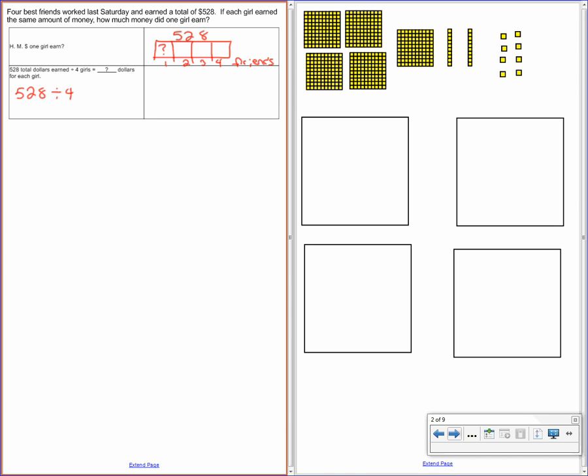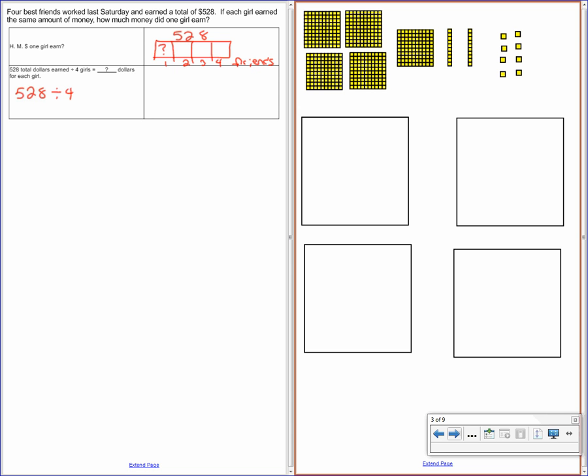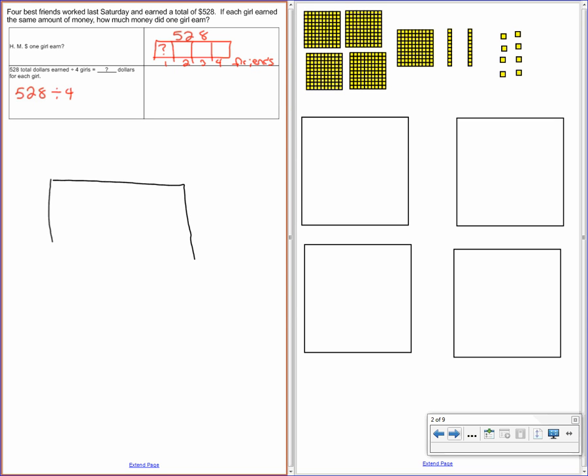Okay, what I'm going to do here is on the left side, I'm going to show you using just numbers, and that's important because I'm going to want you to copy that down. But on the right side, I'm going to show you using the manipulatives, so that way you kind of understand where the numbers come from. All right, so the first thing I need to do is make my area model.